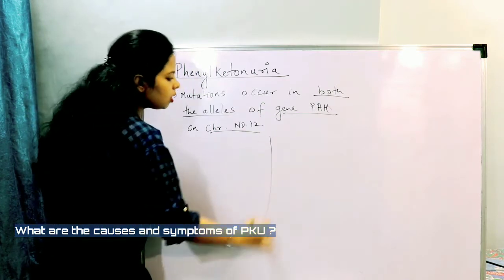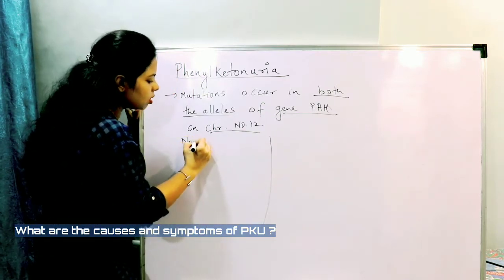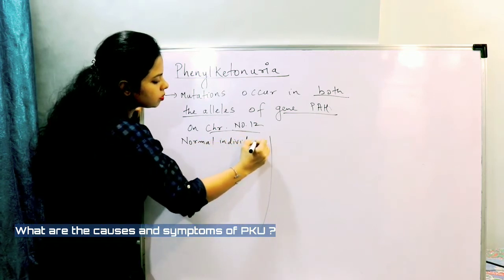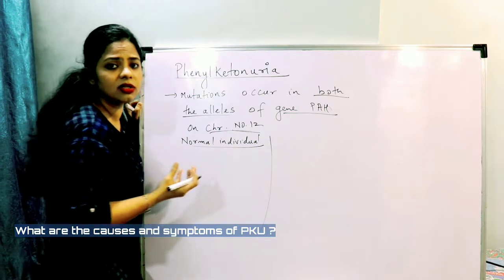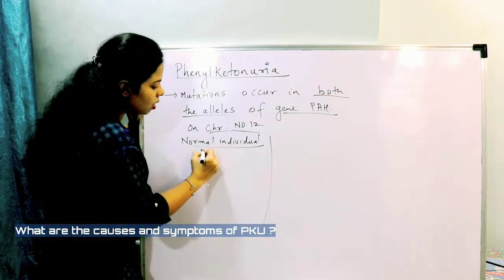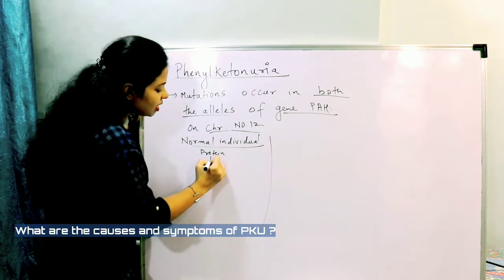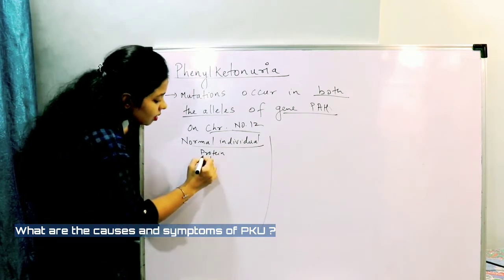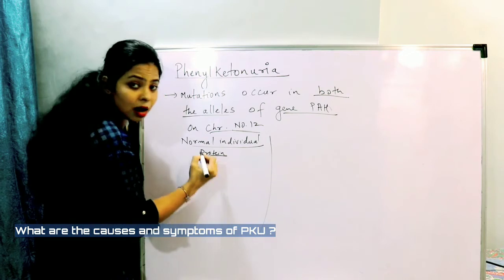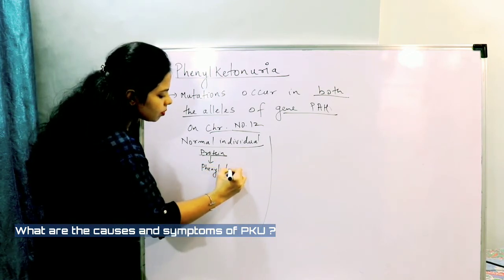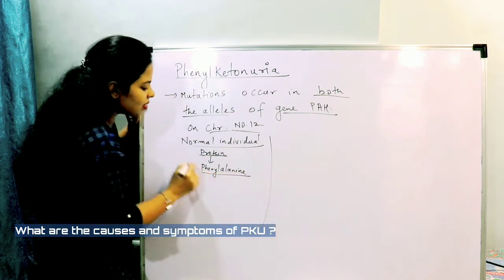Now what happens because of this? See, in a normal individual, proteins from the diet, when ingested, give the amino acid phenylalanine. Phenylalanine is obtained.